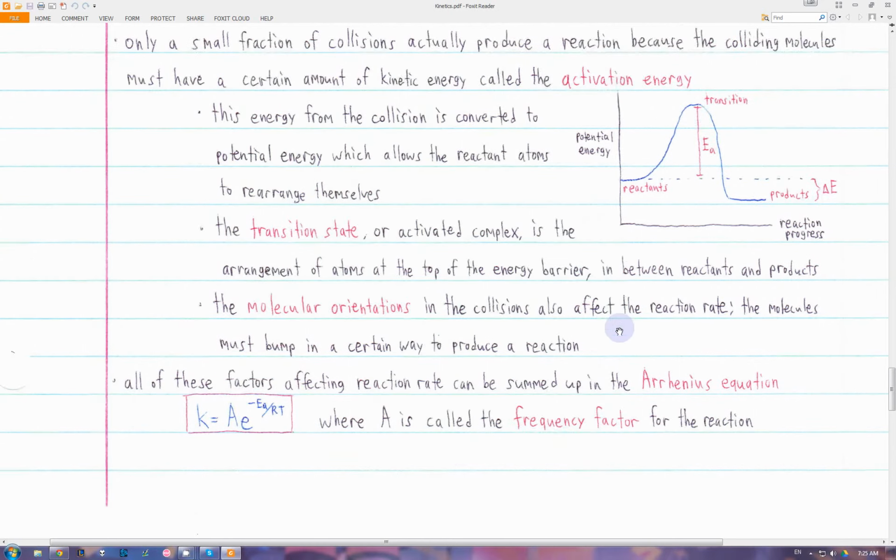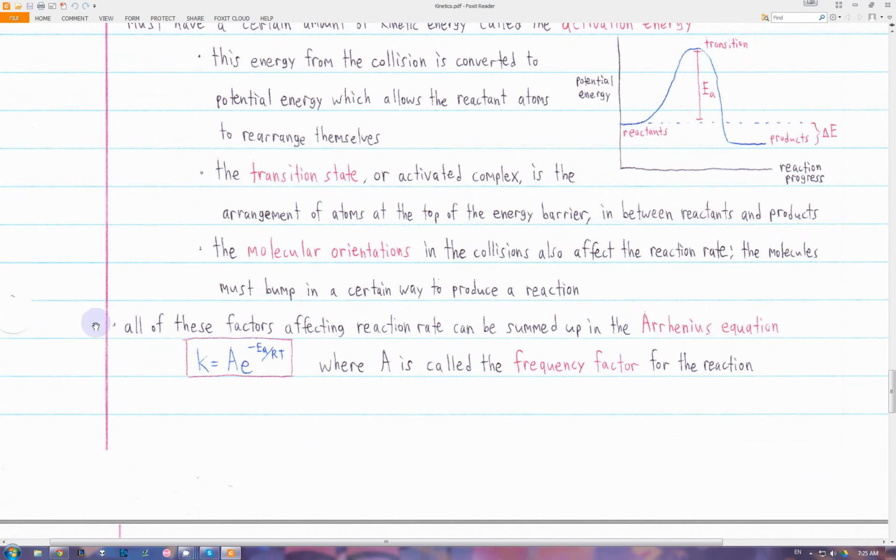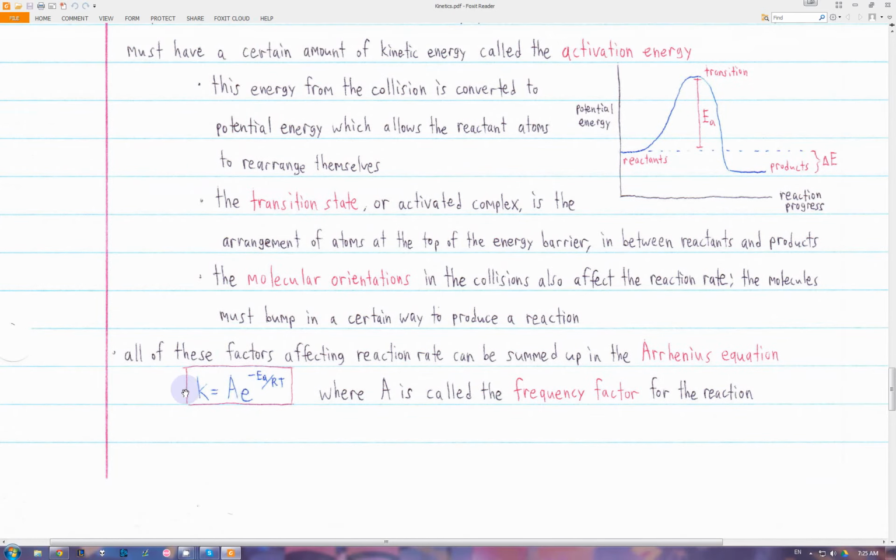All of these factors affecting the reaction rate are summed up in the Arrhenius equation, which is k, the rate constant for a reaction, equals A, a constant called the frequency factor, times e to the negative activation energy over RT, where R is the universal gas constant in the joules form, 8.314.